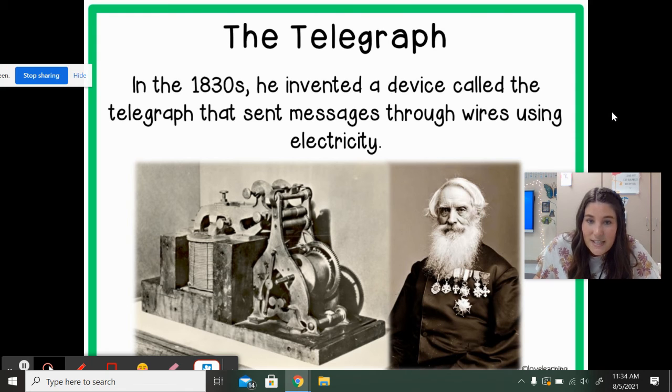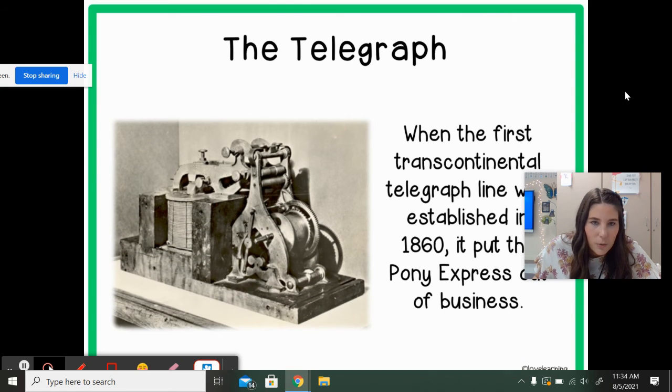In the 1830s, he invented this device called the telegraph that sent messages through wires using electricity. Can you tell how this is like Inventions 101? He's starting to figure it out. Have you ever heard of Morse code? Well, this telegraph is really using Morse code.